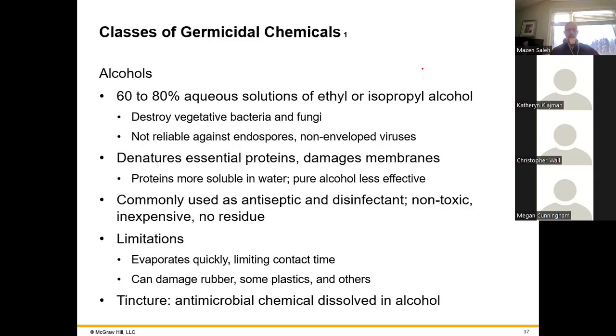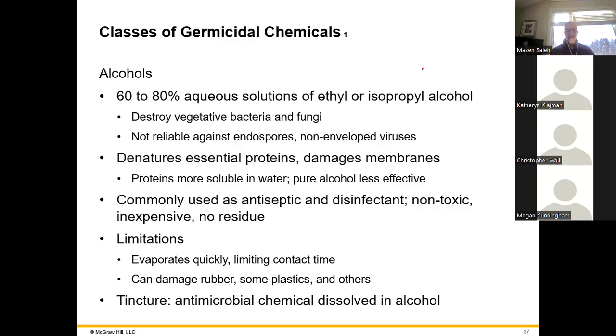The denaturing process, as I mentioned earlier, whether it's with heat or alcohol or any other chemical, will expose hydrophobic domains, irreversibly damage the protein and cause them to aggregate and precipitate. Both of these results contribute to the effectiveness of these agents.